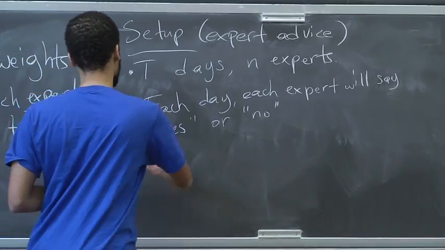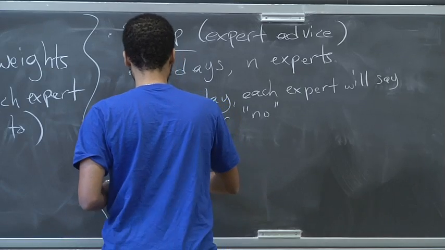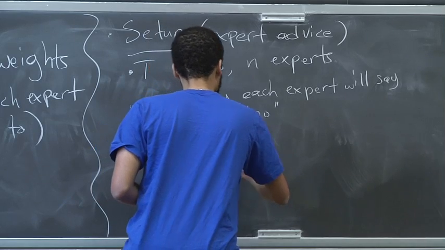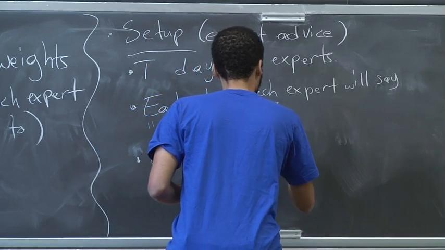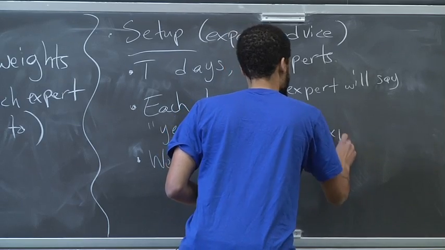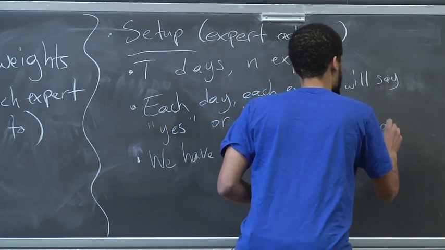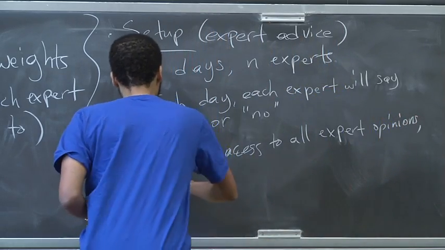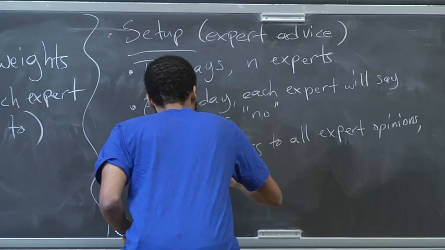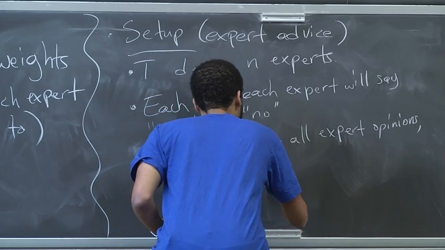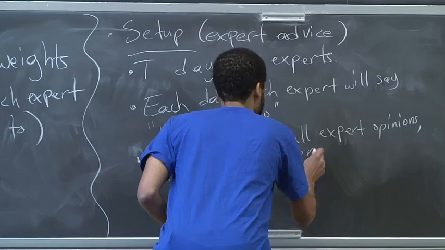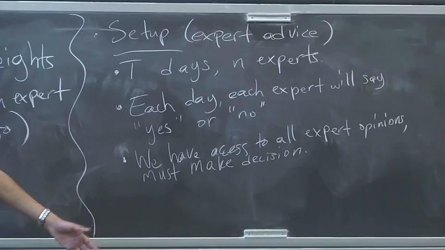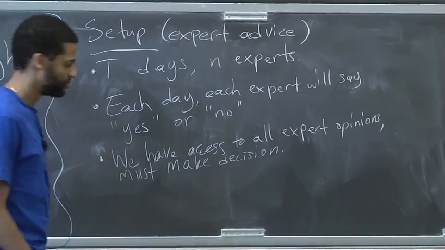So we have access to all these expert opinions, and we have to make a decision. What we want is that at the end of the T days, the number of mistakes we've made is small.